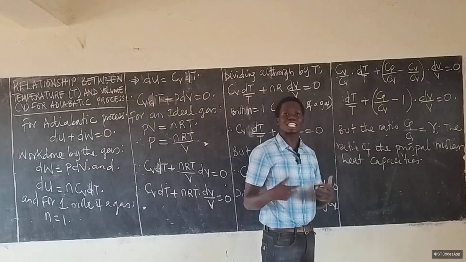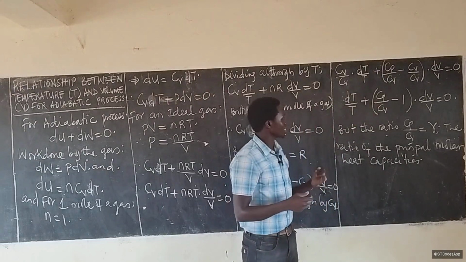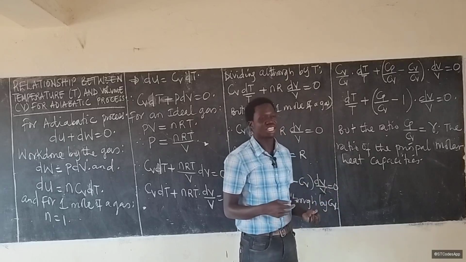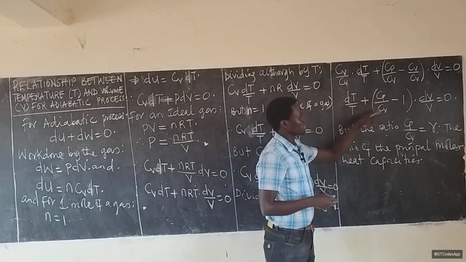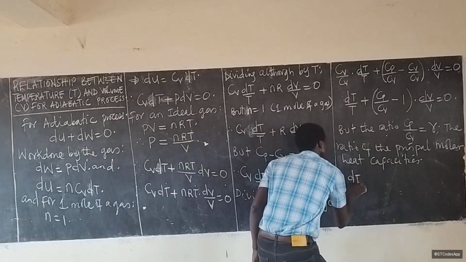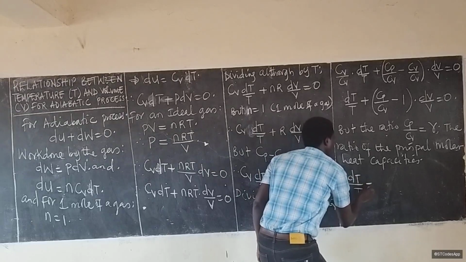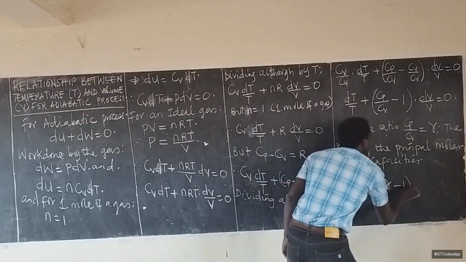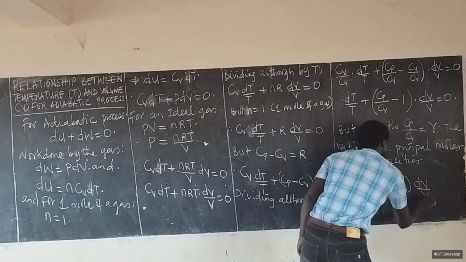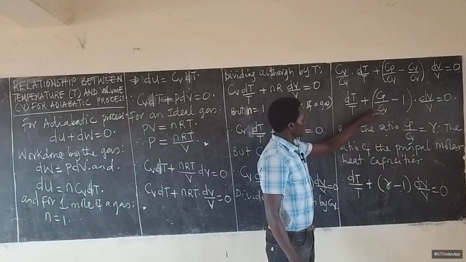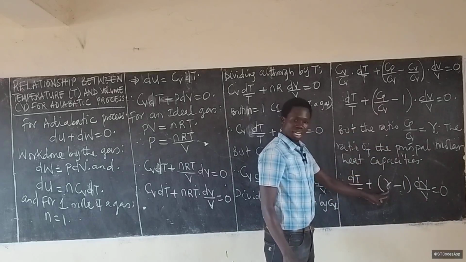It depends on what kind of gas we are dealing with. Is it a diatomic gas? Is it monatomic? Is it polyatomic? All those have different values of Cp over Cv. So therefore, we shall have dT over T plus gamma minus 1, dV over V equal to 0. So I have replaced Cp over Cv with gamma.